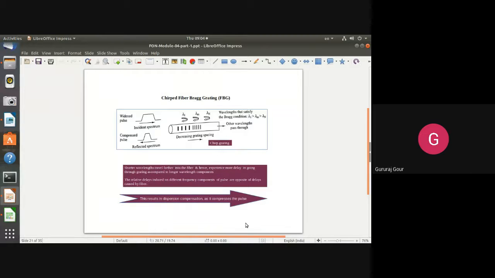Another one is the chirped fiber grating. The main feature we have seen is that it is going to reflect back a particular wavelength for which it is tuned. The tuning function here is performed by the different widths of these gratings and their spacing between them.